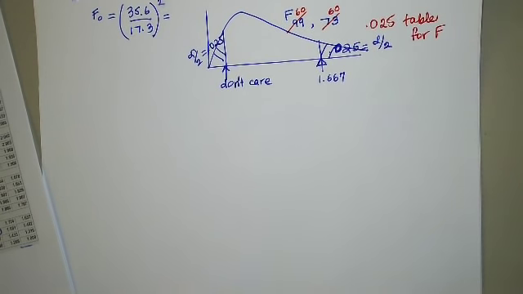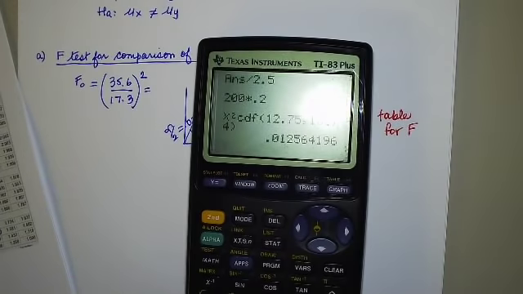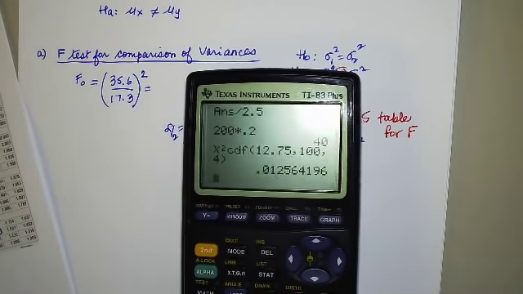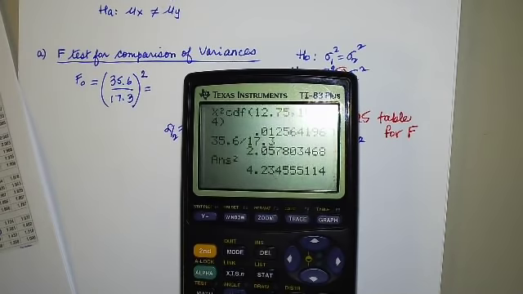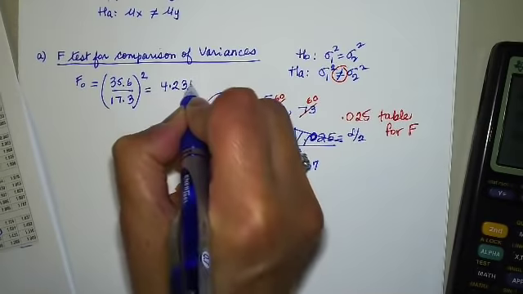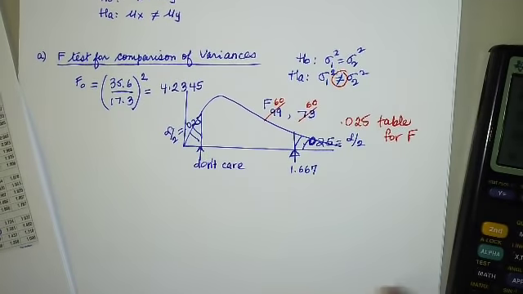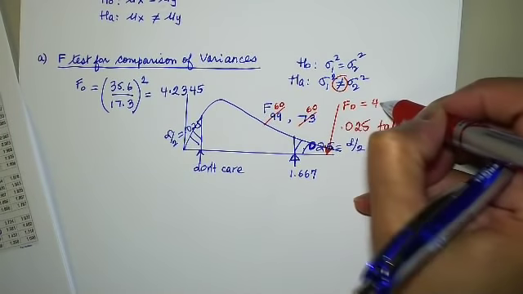And my F test statistic is, let me just grab my calculator. 35.6 divided by 17.3 and square it. That's 4.2345.